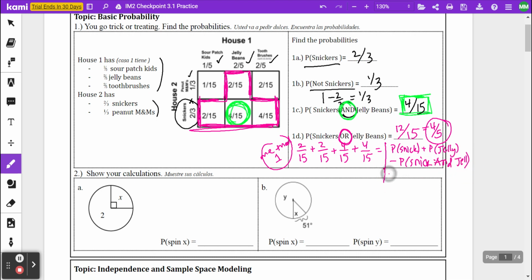Which would equal 2/3 plus 2/5 minus 4/15. And if you do that, you again get the same answer.